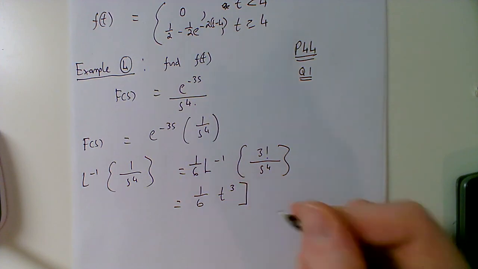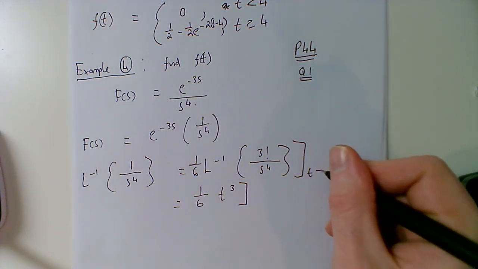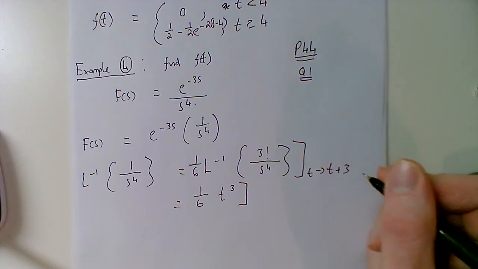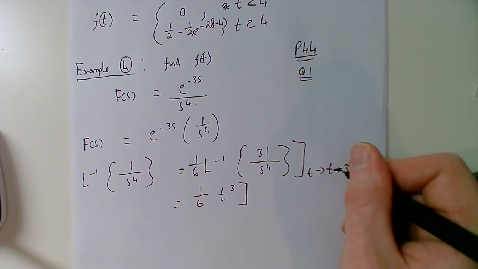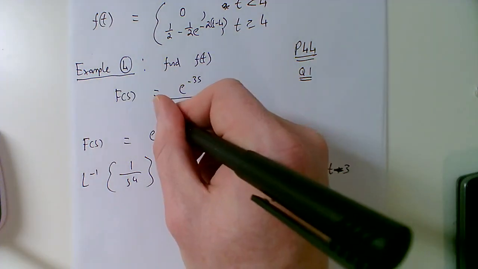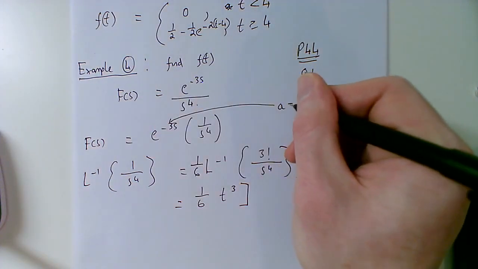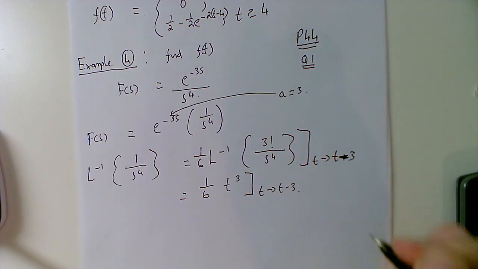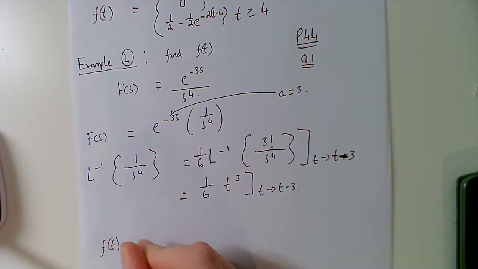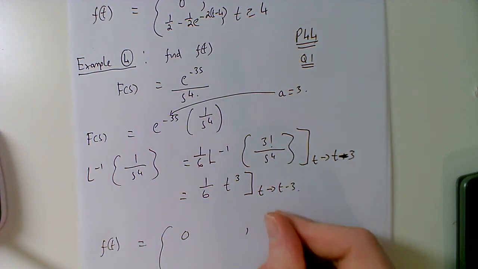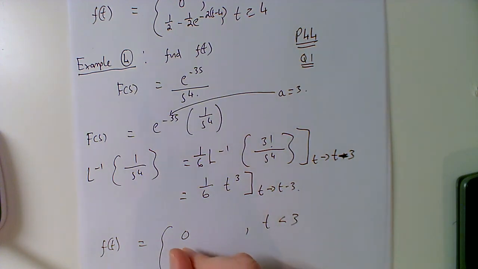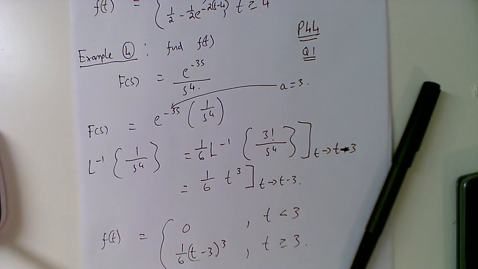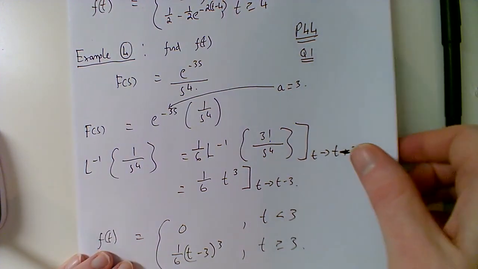And remember, as t goes to t take away 3, that tells me that f of t is 0 anywhere before 3, and a sixth t take away 3 cubed anywhere including and after the point 3.